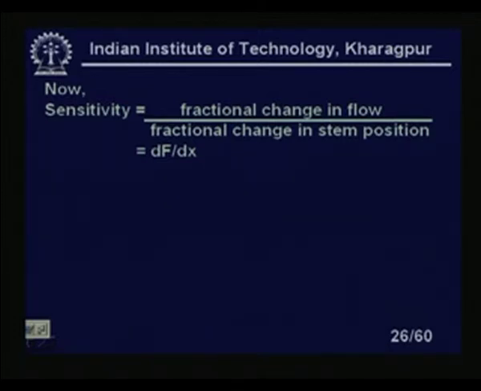Fractional change in flow upon the fractional change in stem position will give you df by dx, the derivative of f with respect to x. For a linear valve, df by dx equals alpha, equation number 3.